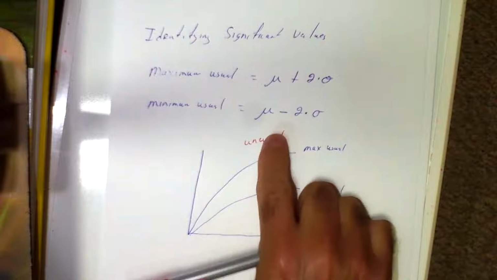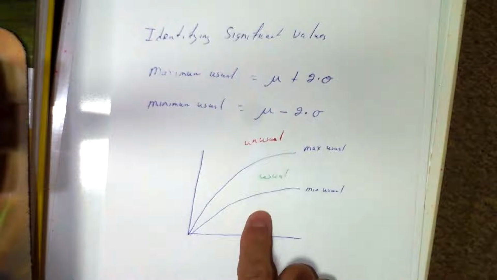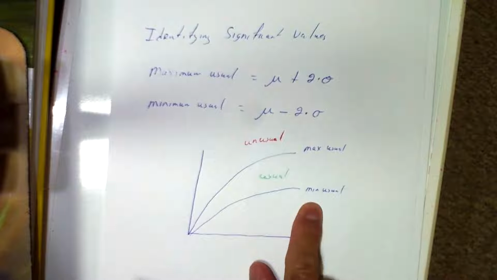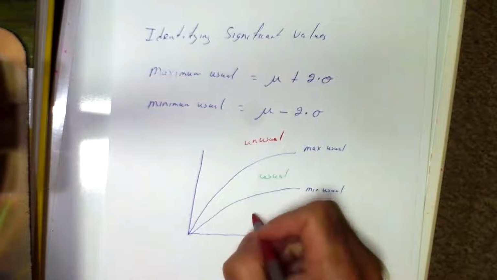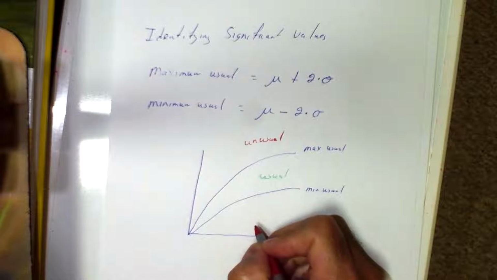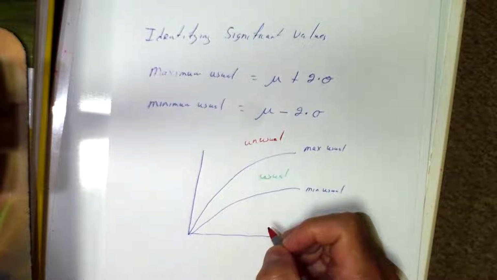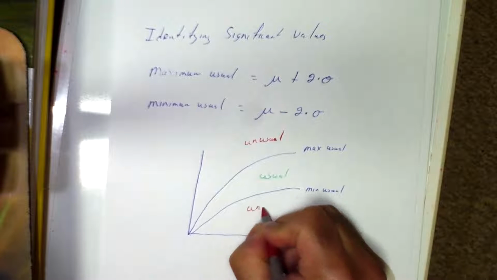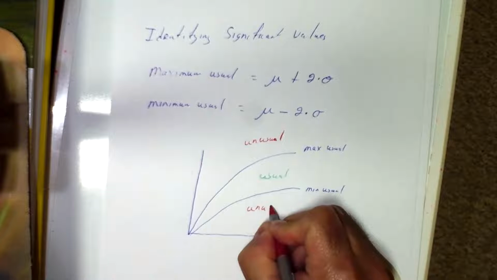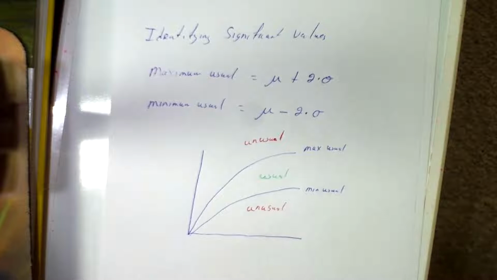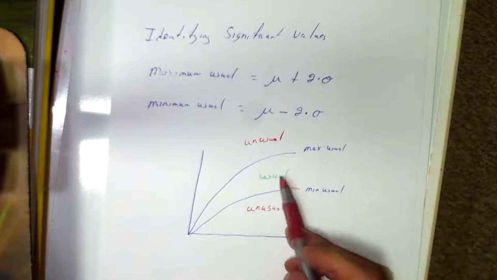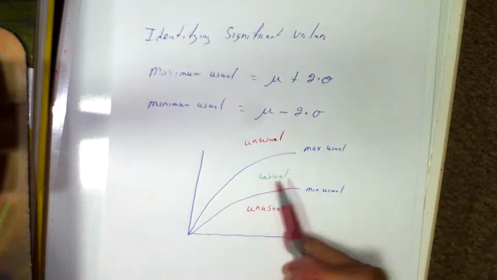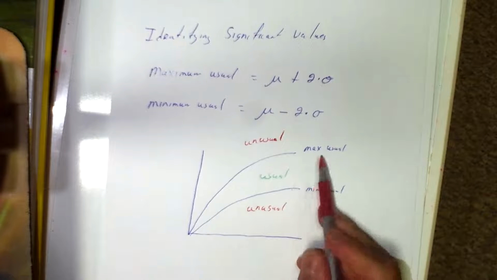So you don't want to be in that area. You don't want to be below the minimum usual because the skull is not proportionally growing at the same rate as the brain, and that's a huge concern. So you don't want to be in this area. So the perfect spot to be is between the max and the minimum.